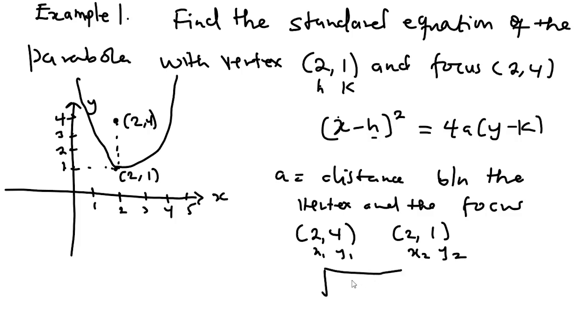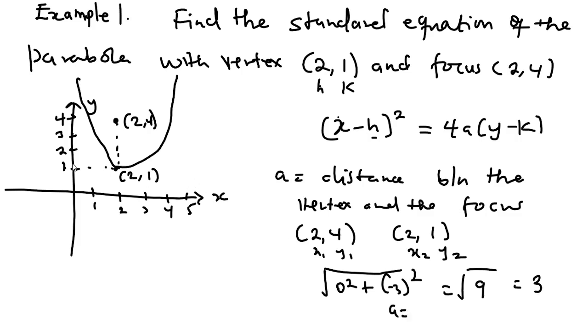We have square root of x1 minus x2, minus x1, we get what? 0 all squared. So 0 squared here plus this is going to be 1 minus this, so you get negative 3 squared. So we're going to get root of what? 9, which is equal to what? 3. So it means that our A is what? 3.